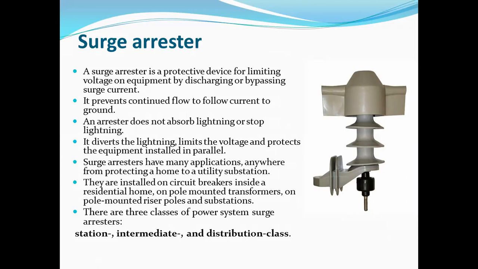When it strikes that, it immediately reaches the ground, right? The current flows from that cloud full of charges, that is, the lightning stroke, towards the ground. So this surge arrestor prevents that flow of current to the ground. This lightning arrestor does not absorb or stop lightning.